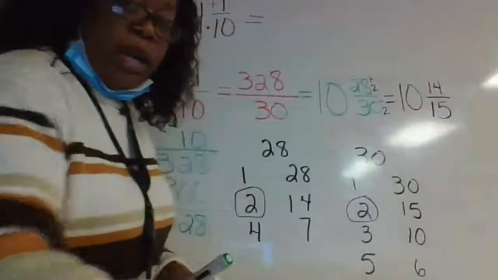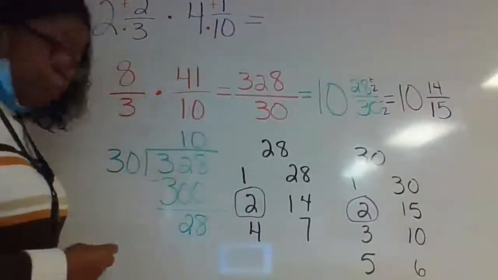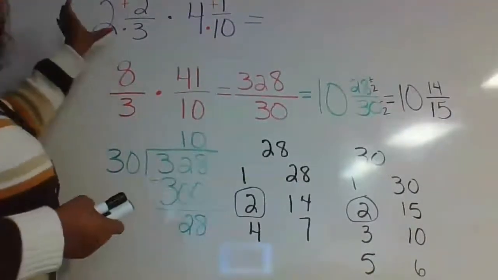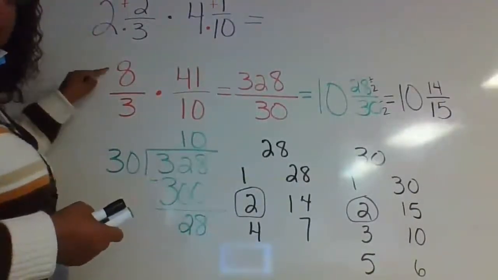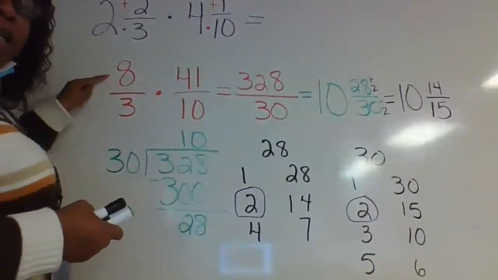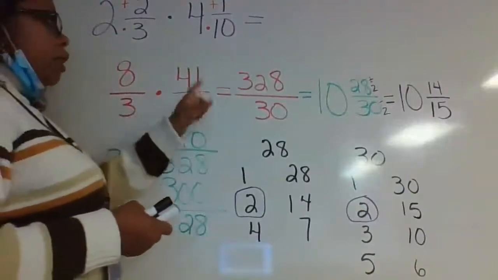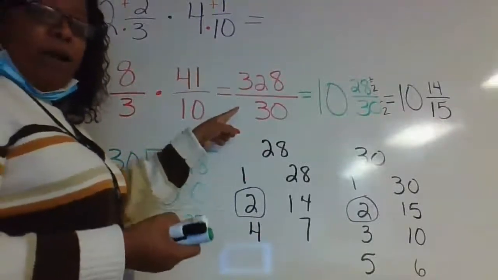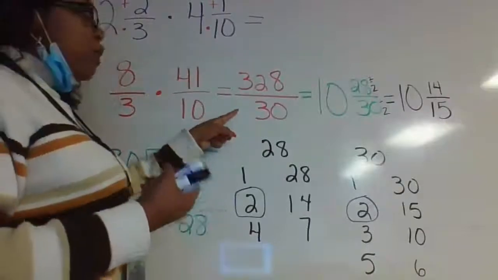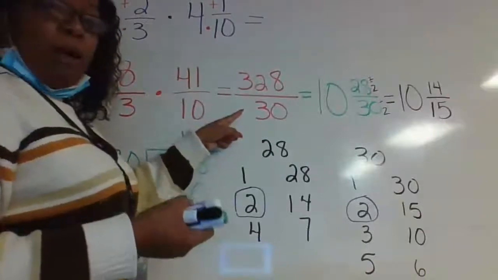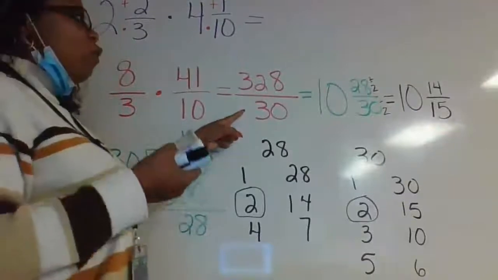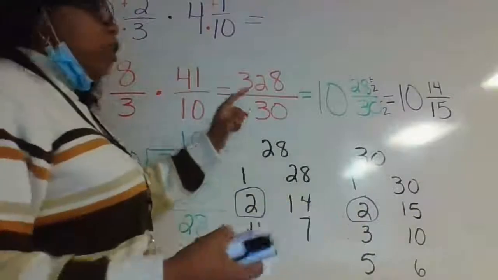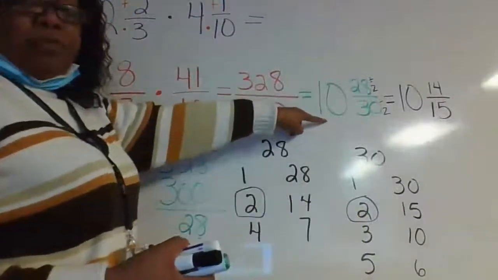So just as a recap, it was a lot going on in that problem, huh? We started this problem by simply turning our mixed numbers into improper fractions. Once we had our improper fractions, we multiplied straight across. Once we multiplied straight across, we found our answer to be an improper fraction as well. And we couldn't leave our answer in improper fraction format, so we simplified it to be a mixed number.